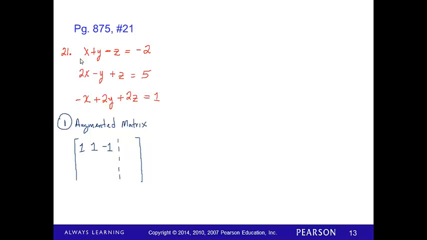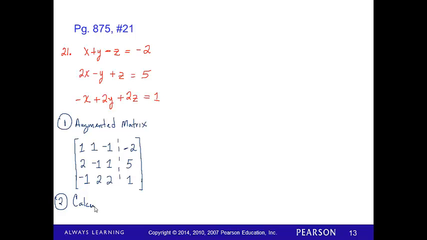Remember, we're looking at the first equation. We have our vertical bar, which is the equal sign, -2. And then the second equation is 2, -1, 1, 5. And then -1, 2, 2, 1.